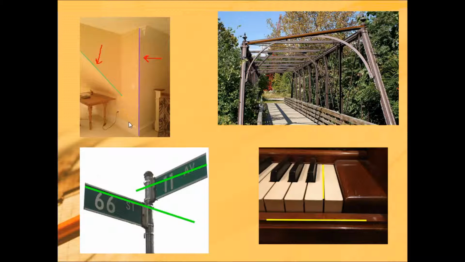I had lines on here, so I'm not sure what happened to them, I'll just choose some lines. How about this one and this brown one right here? Those two are not on the same plane and will not intersect, therefore they are skew. Same thing with this street sign and this piano.